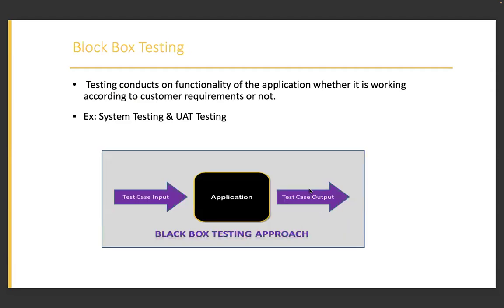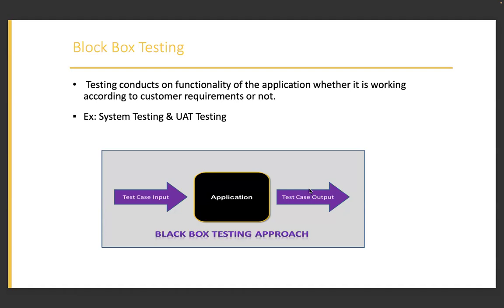In case of black box, the QA will not have knowledge of the internal code or internal logic that is written. You will just take a test case input and you will get the test case output. It only checks whether the functionality the customer has decided is working fine or not, nothing else.